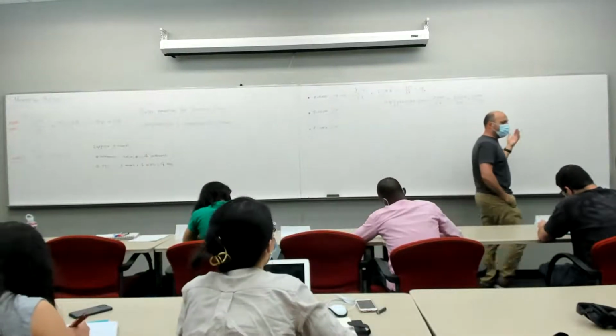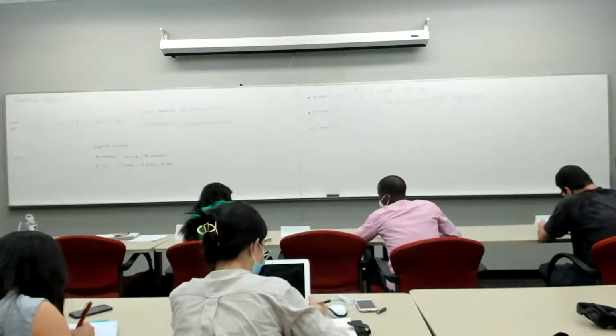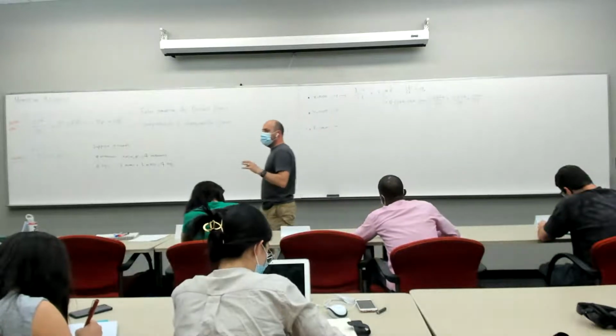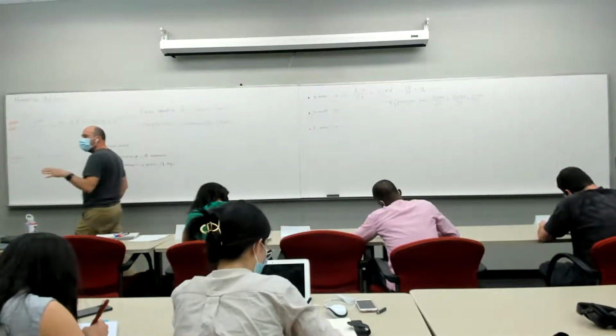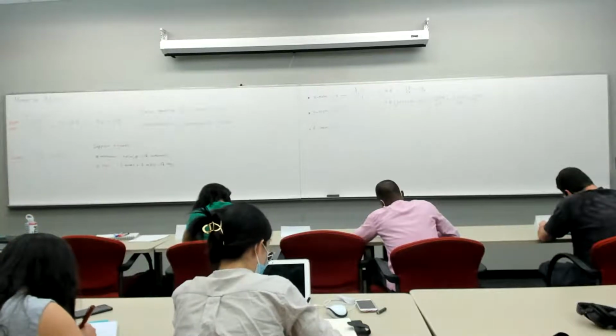For x mom, you're transporting rho u. For y mom, you're transporting rho v. For z mom, you're transporting rho w. Simply plug that term into the advection tensor and just evaluate the divergence.